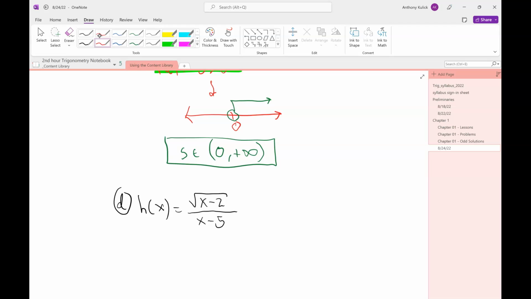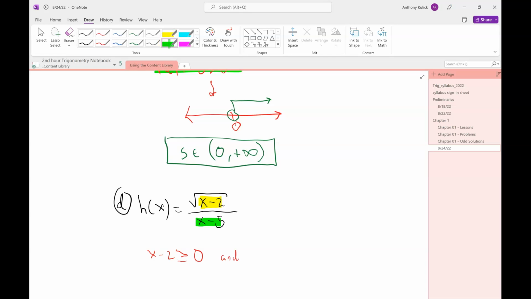Yeah, so good eye. You should recognize that in this problem you can both divide by 0 and square root negatives. Everybody see that? So from the square root, I can say that x minus 2 has to be greater than or equal to 0.